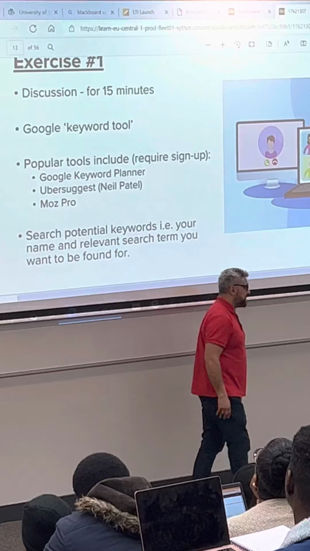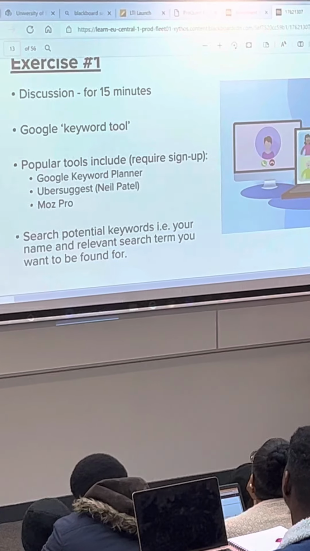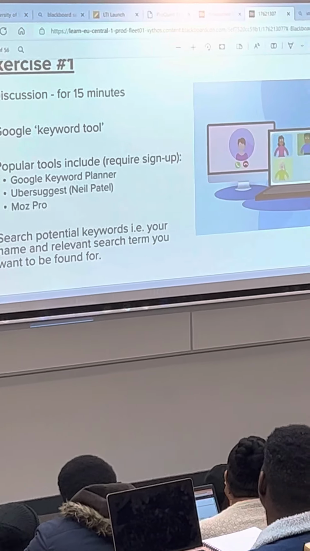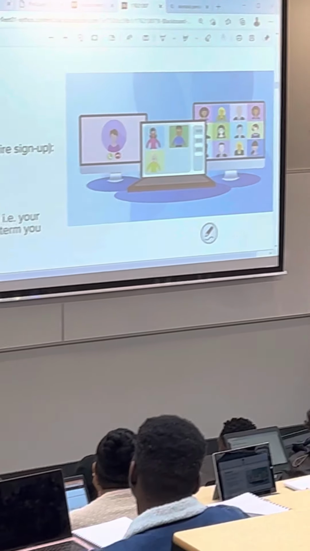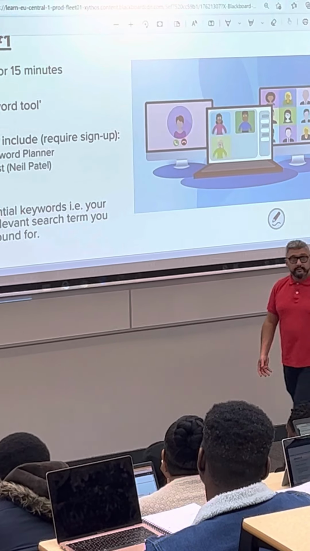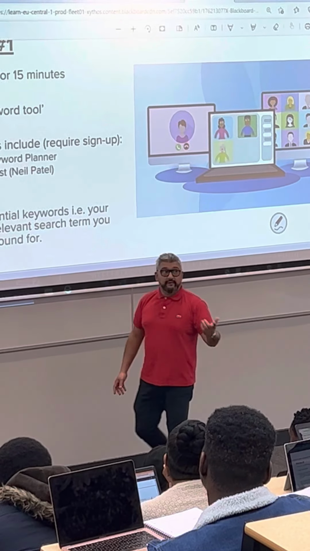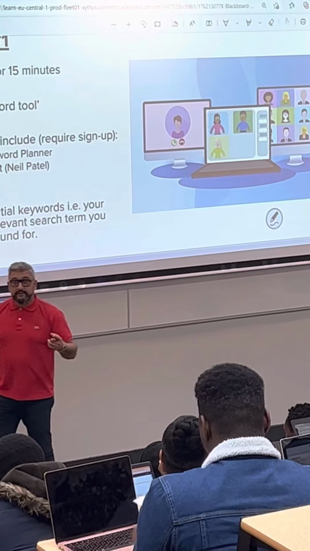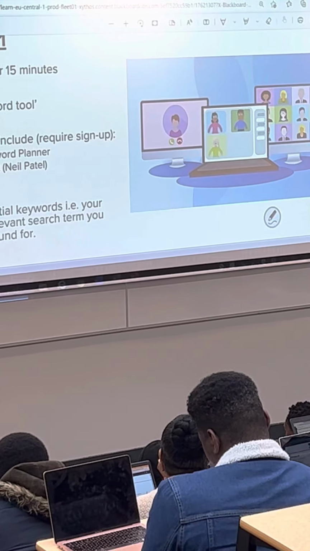Most of you have your laptops with you. To the person on your right and left, start talking about potential keywords that would best describe you. Many of you don't even have a long list of keywords right now, so how do you go about identifying them?